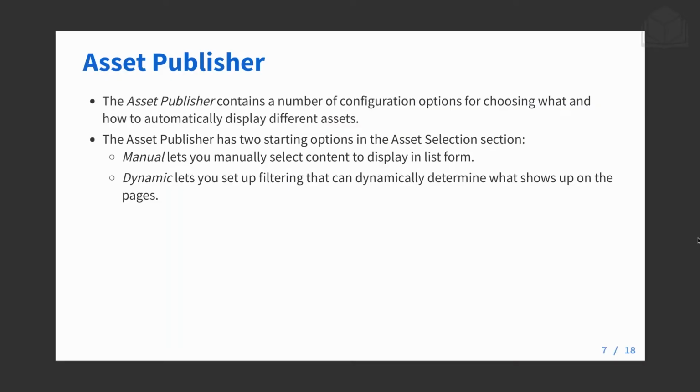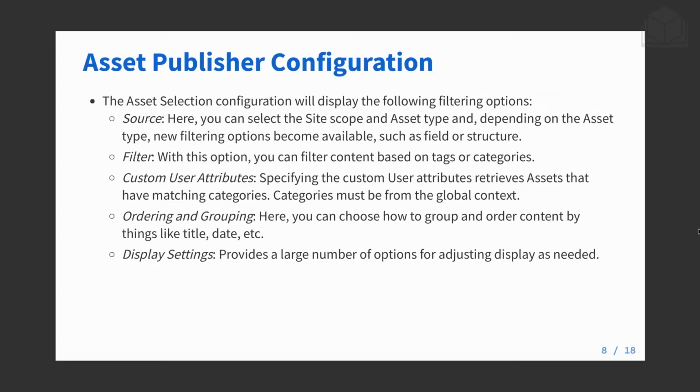All right. Now, let's look at how the Asset Publisher configuration works. When we have an asset publisher on the page, there are two options. Like I've mentioned, there's manual, and this allows you to select specific content from a list, or there's dynamic, and dynamic allows you to set up some filters so that the asset publisher is only publishing specific kinds of assets with specific metadata, or using specific structures or document types, depending on what asset we are choosing.